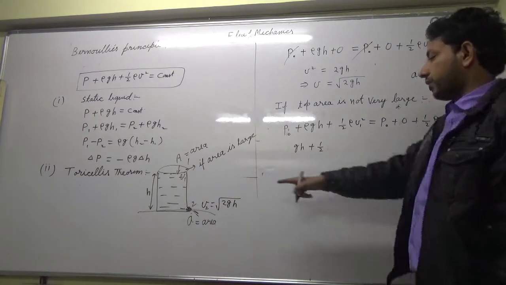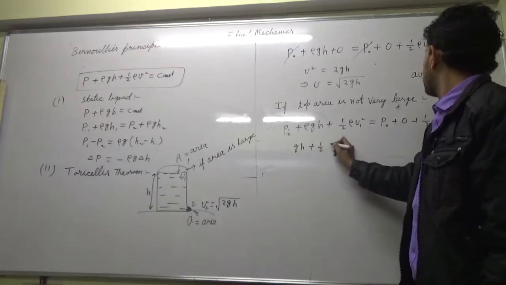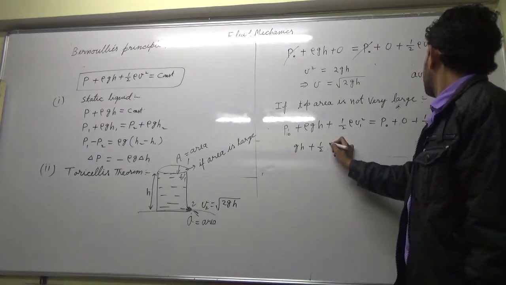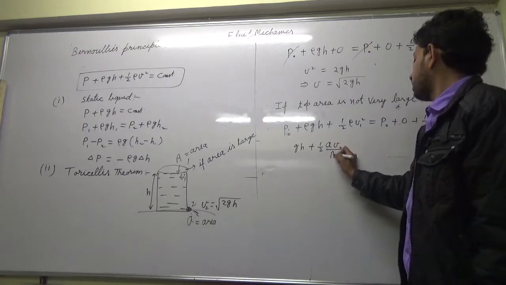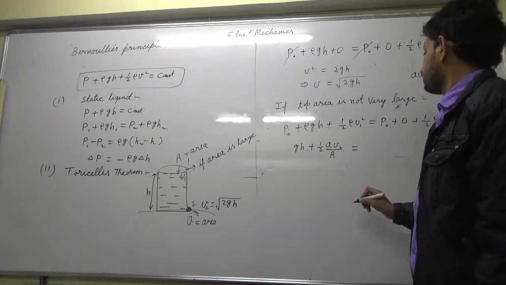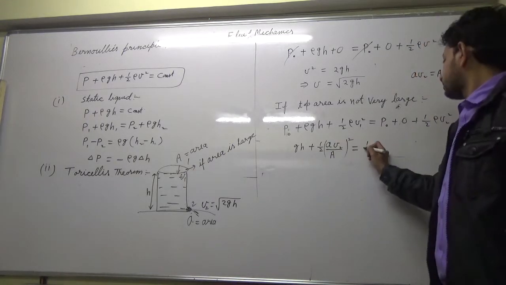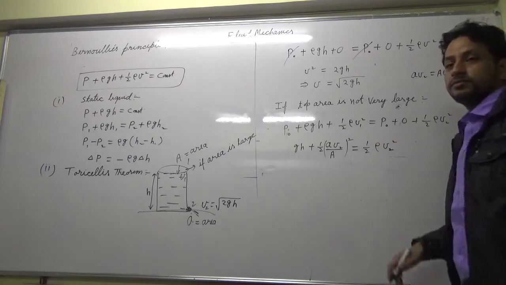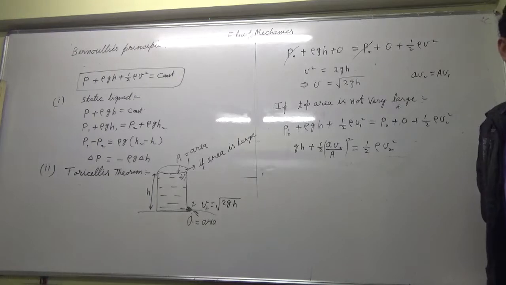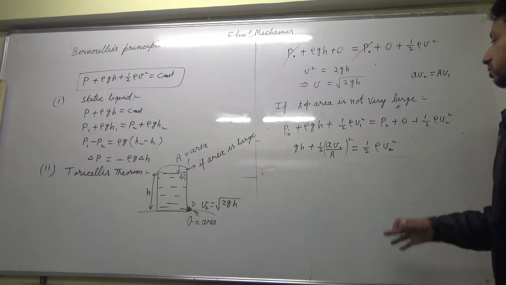So we have to finally find v2 at this point, so v1 has to be converted into v2. So it will be a v2 by capital A. It may look tough, but it is not tough, just a bit lengthy. What else do we do, tell me?